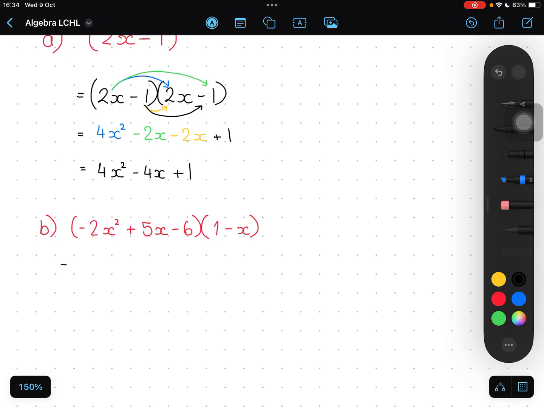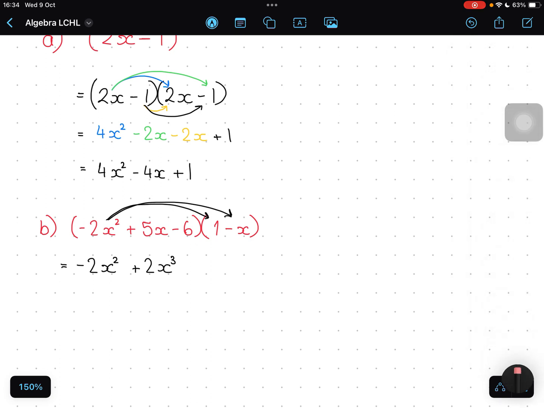So when we are looking at this, the minus 2x squared has to multiply by 1 to give me minus 2x squared. And it needs to multiply by the minus x to give me a plus 2x cubed.